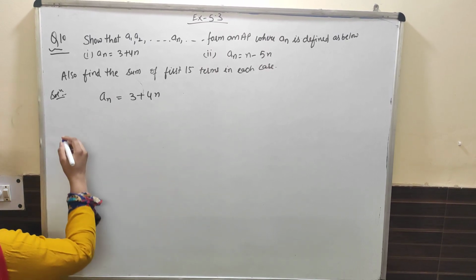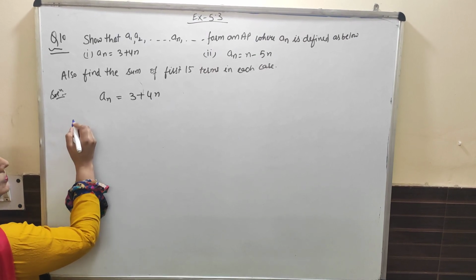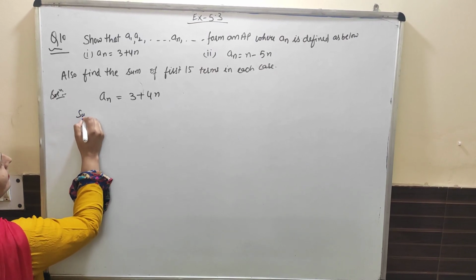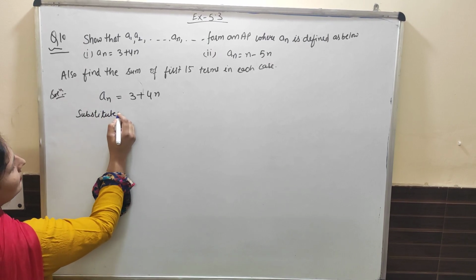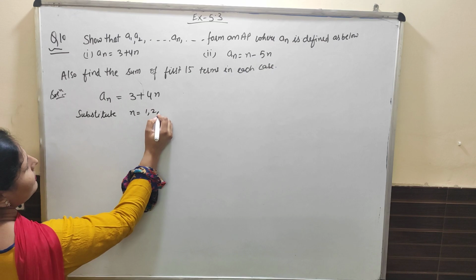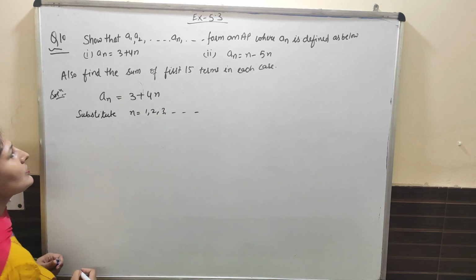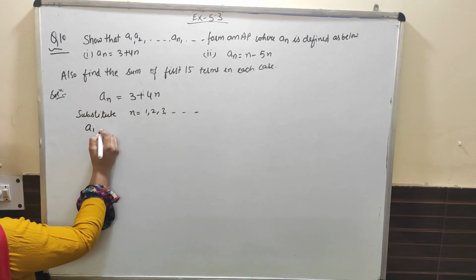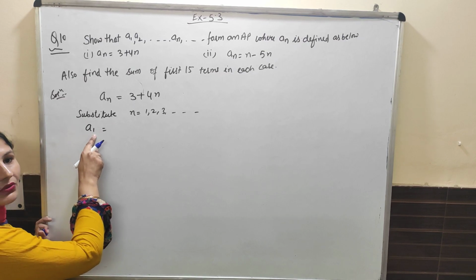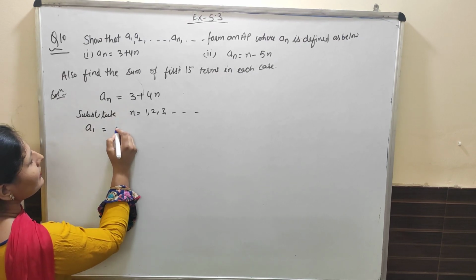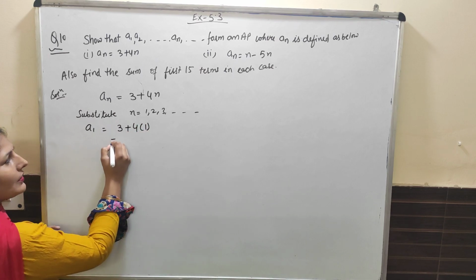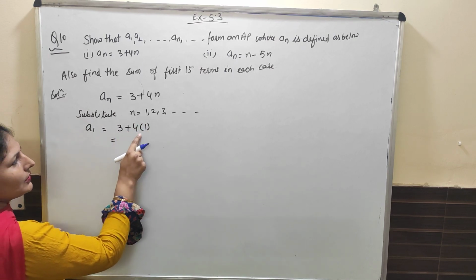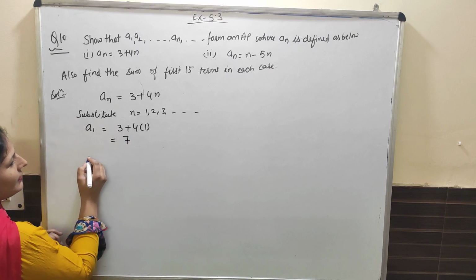For this, students, we have to substitute the values n is equal to 1, 2, 3 and so on. When we put n is equal to 1, we get A1 is equal to 3 plus 4 into 1, which is equal to 3 plus 4, 7.